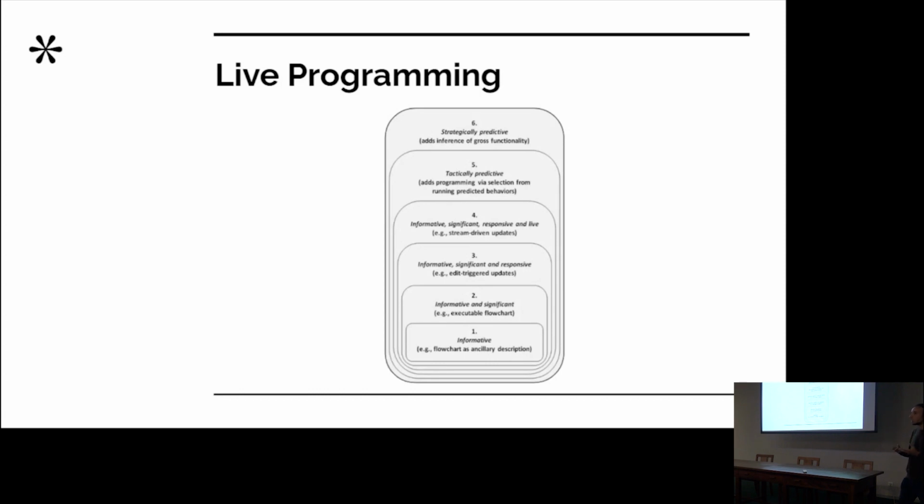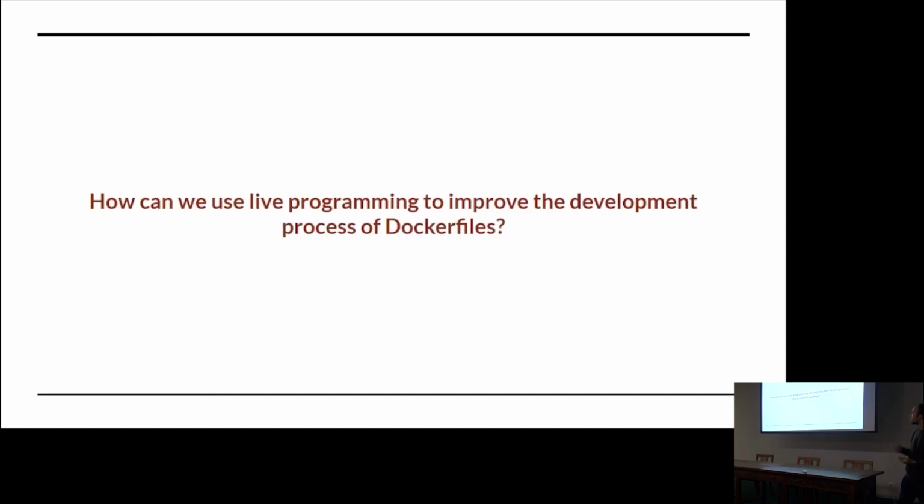That's some form of liveness, because you're writing code and you're getting feedback from your development environment as you're writing it. So we were thinking how could we apply this concept to Dockerfiles, so that we can get some live and rich information about the Dockerfile that we are building. That's the question that we posed: how can we use live programming to improve the development process of Dockerfiles?